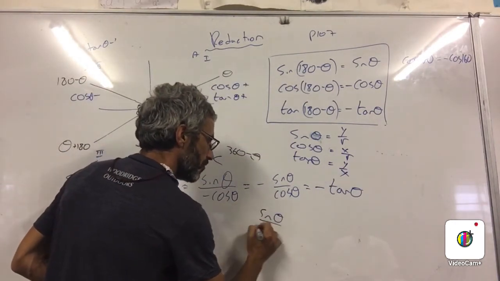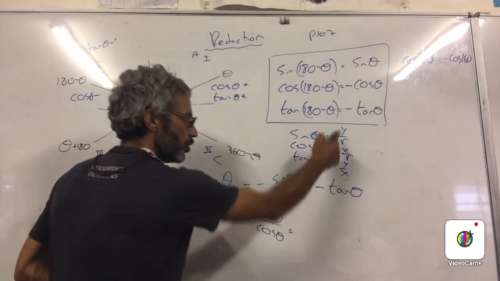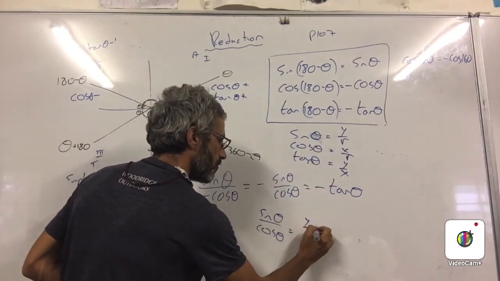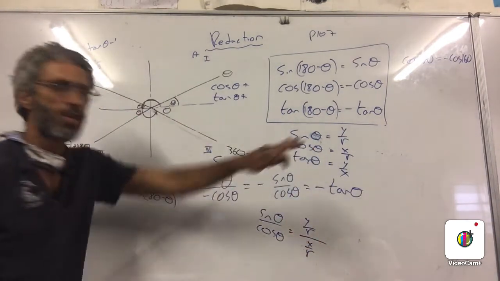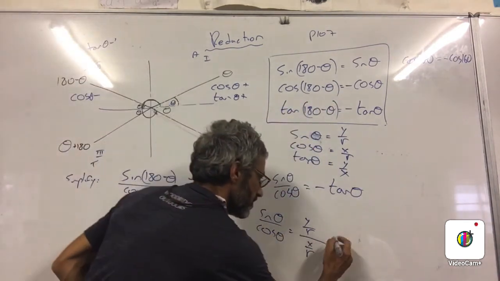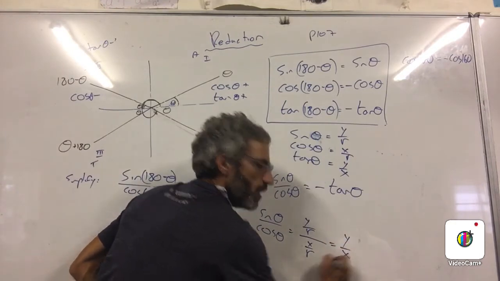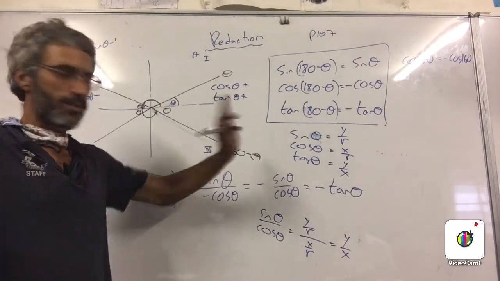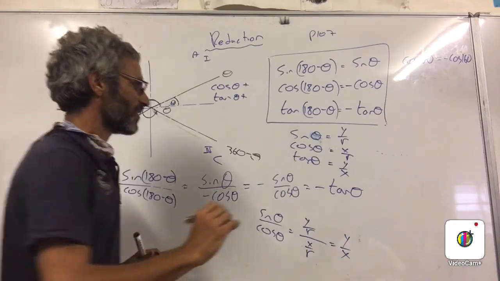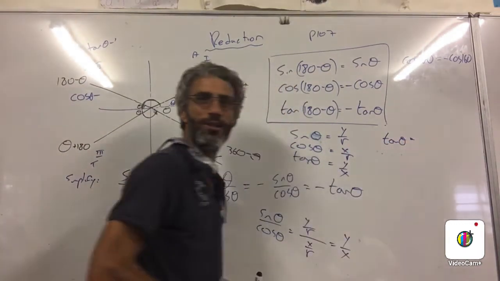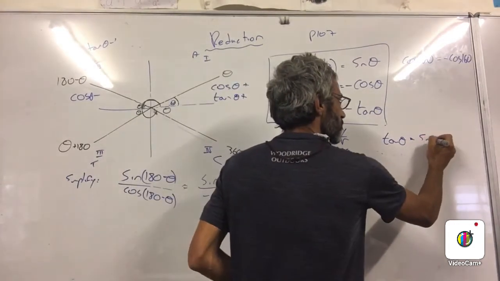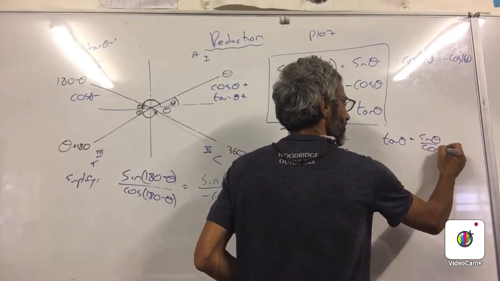Sine theta over cosine theta, using this, is y over r divided by x over r. And as we just did some practice with fractions, that's y over x. So equal to tan. Breaking news. Tan theta from now on, remember that it's also sine theta over cosine theta.